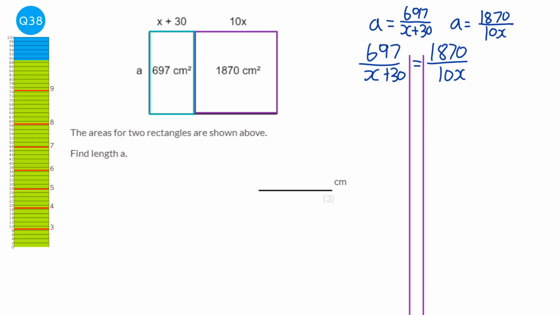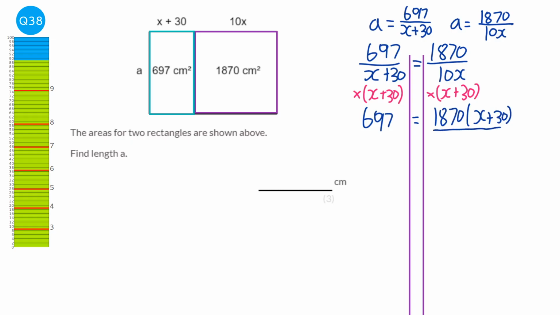I'm going to times both sides by the x plus 30, so I can get rid of the denominator on the left hand side. So this will just be 697 on the left hand side, because that gets rid of the denominator. And it will be 1870 times x plus 30, and then all of that over 10x. Same thing again, but I'm going to get rid of the denominator on the right hand side, so I'm going to times both sides by 10x.